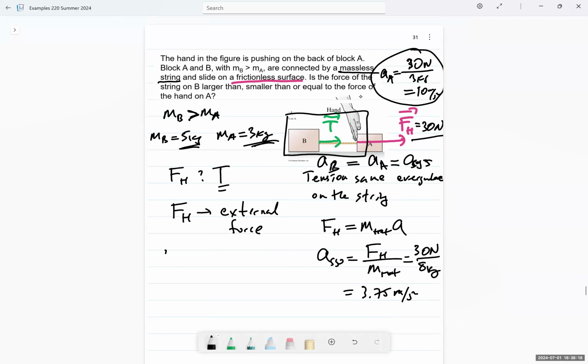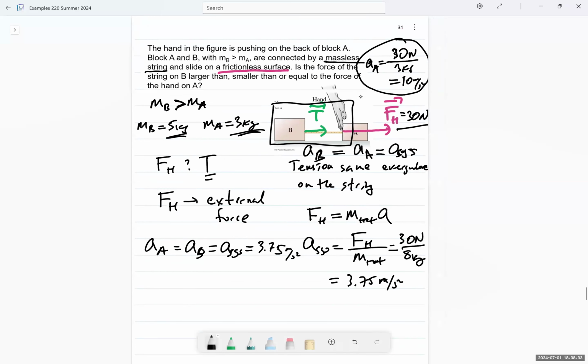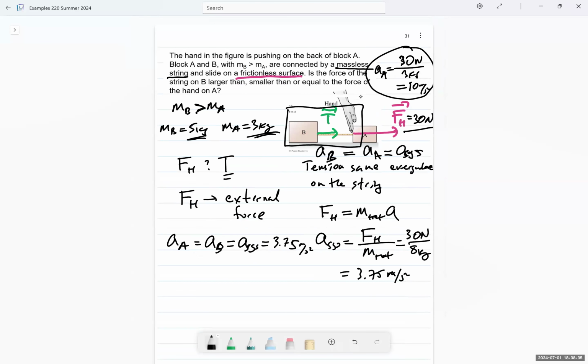That means acceleration of A equals acceleration of B equals my system acceleration, so it's 3.75 meters per second squared. They both have exactly the same acceleration, simply because they are connected and there's an external force acting on the system.